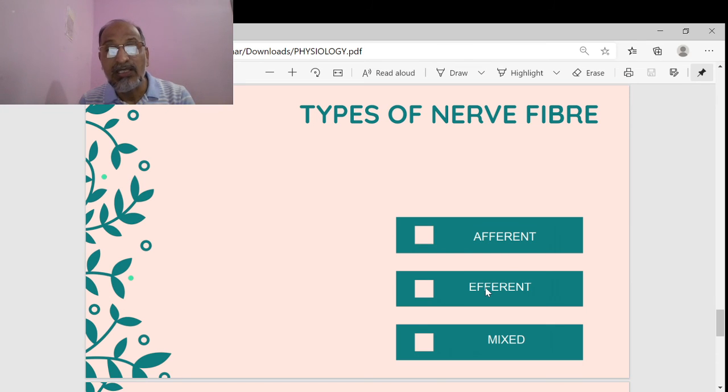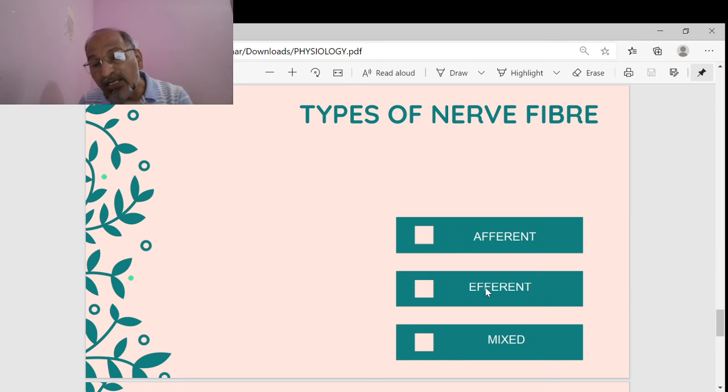Efferent fibers are those which take the impulse from the center to the periphery. So A is from the periphery to the center, and E is from the center to the periphery.